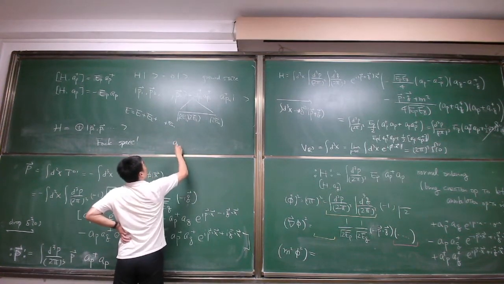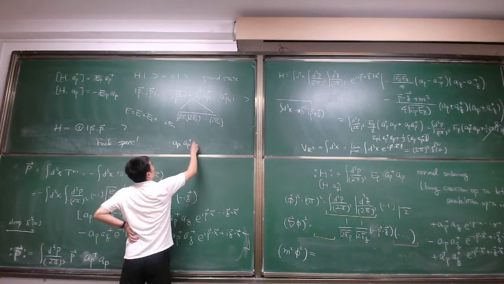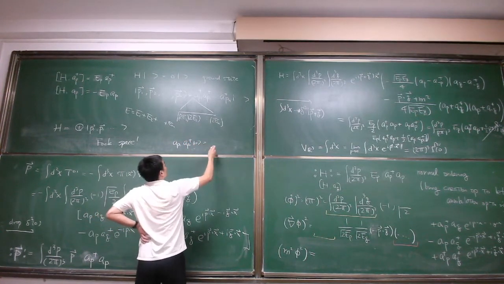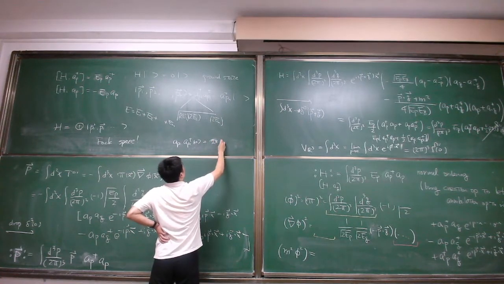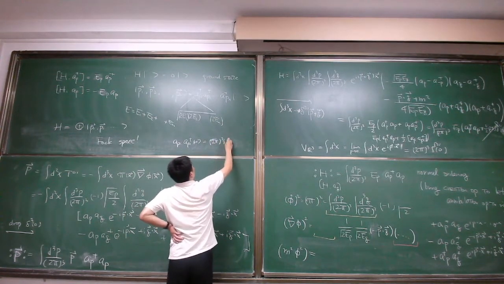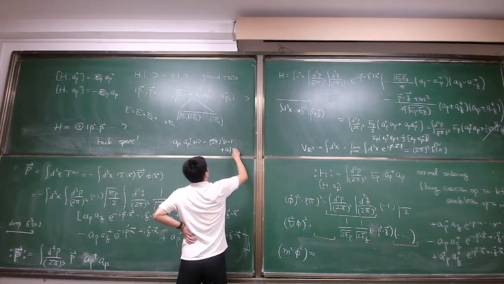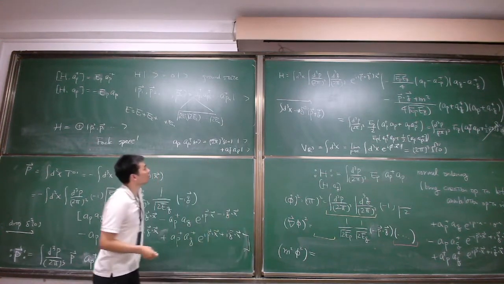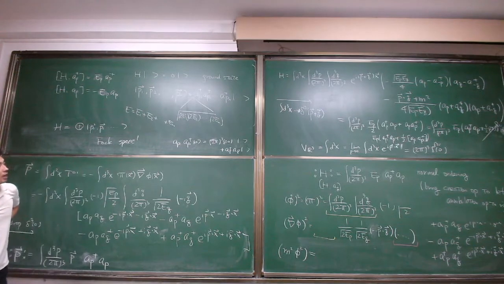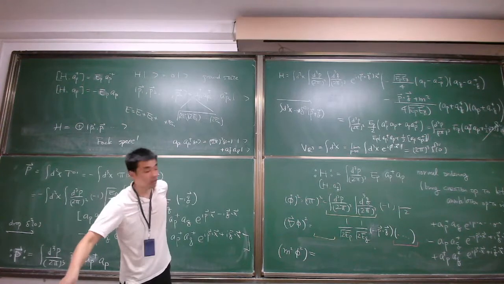For instance, if you apply the annihilation operator A_p and A_p1 dagger on the vacuum, essentially what you get is the delta function, 2 pi delta, plus A dagger A acting on the vacuum. Okay, I see what you mean. So therefore, this one is 0.